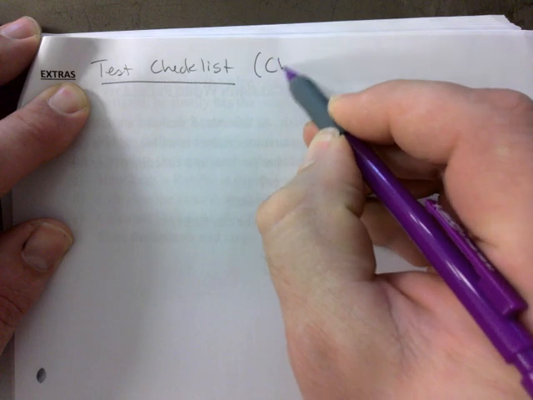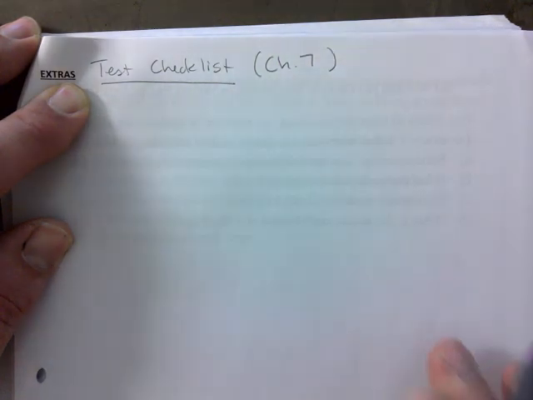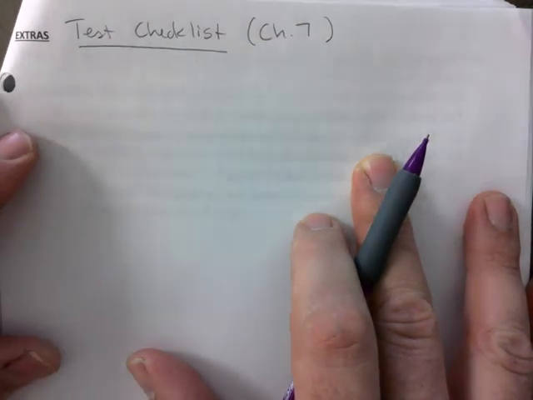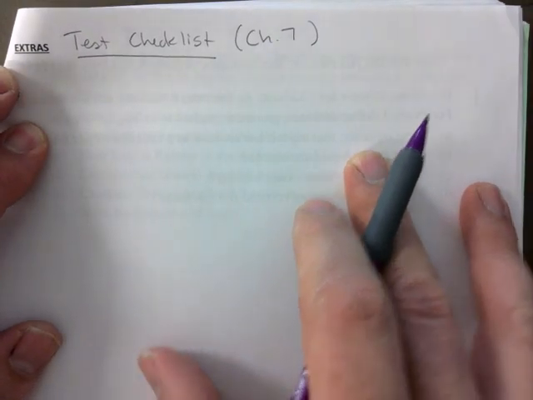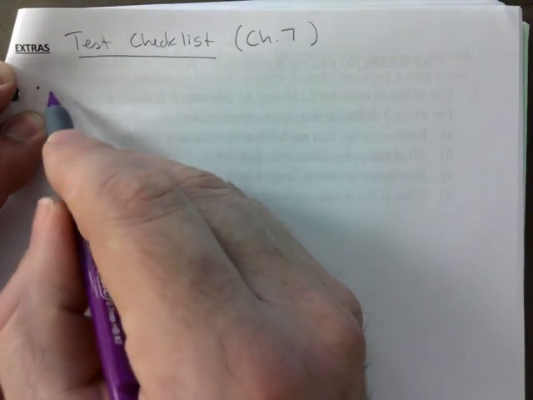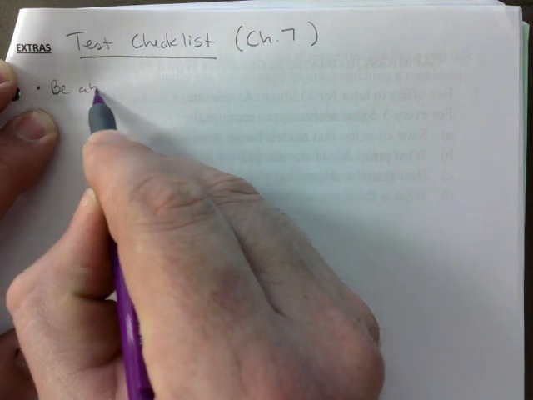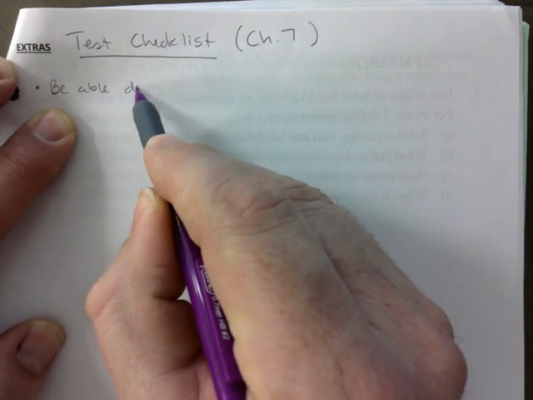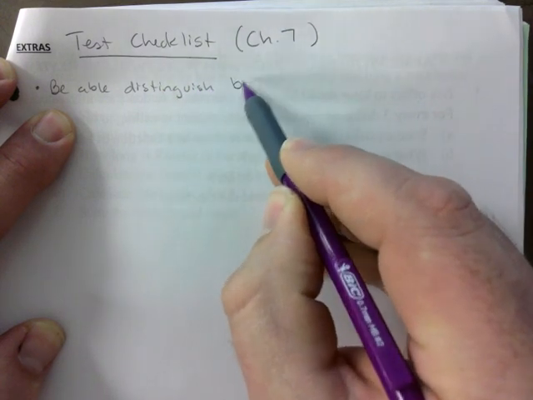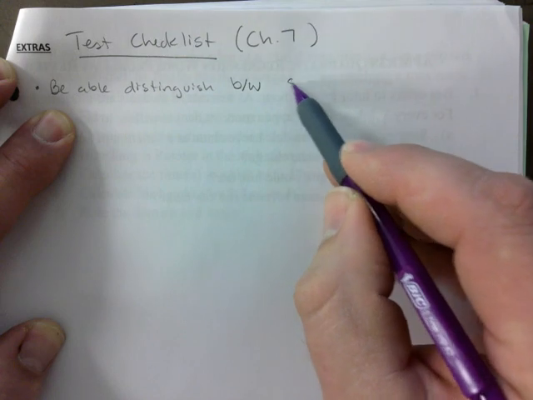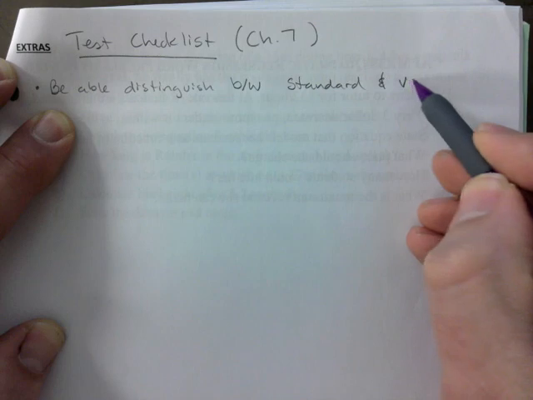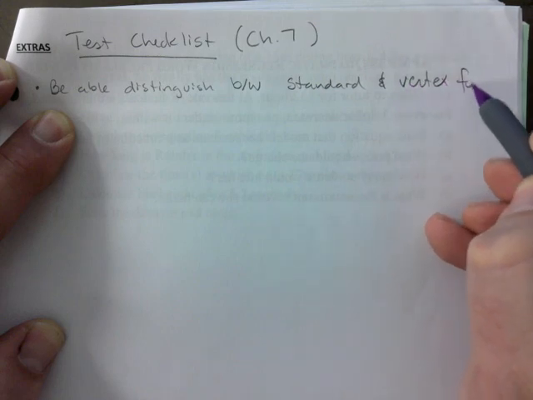This is chapter 7, right? Quadratics. And so this might not be as pretty as you would like it to be, but you have to be able to distinguish between standard and vertex form, right?